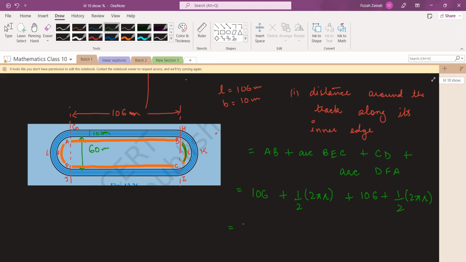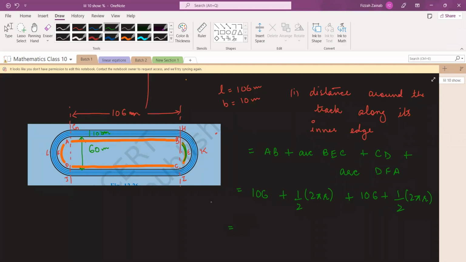Okay, now what is the radius? Do you know the radius in this figure? Radius is 30. How do you know that? 60 by 2. Yes, okay, it's d by 2.